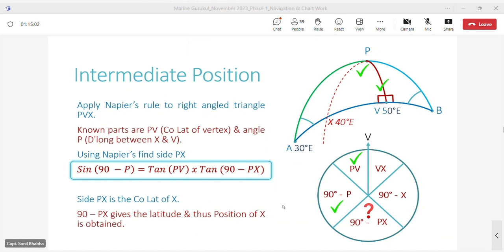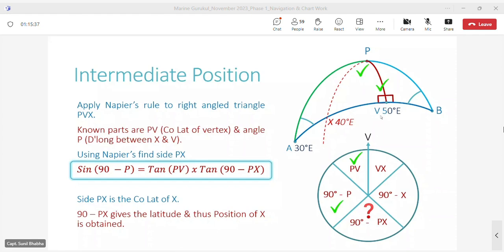So any doubts coming up, beta? Sir, longitude of P, which we found in the previous problem. Longitude of Victor, beta, the vertex? Yes, sir. That D long, angle P, which we found in the previous question, that we are going to use over here, sir, 90 minus P. No beta, no. This angle P, which is mentioned in this triangle, is the D long between vertex and X-ray.